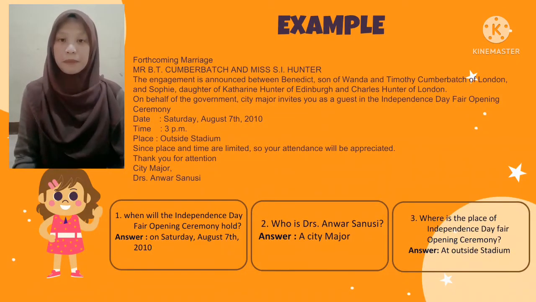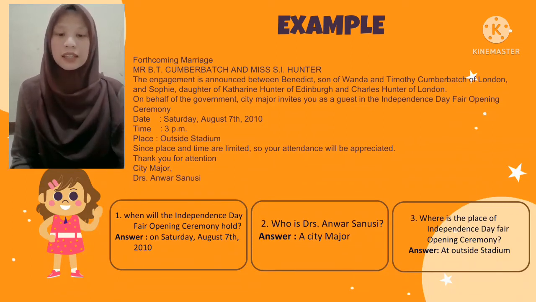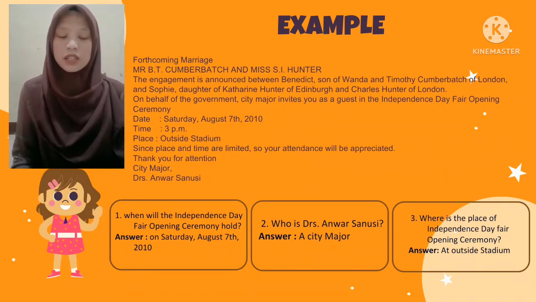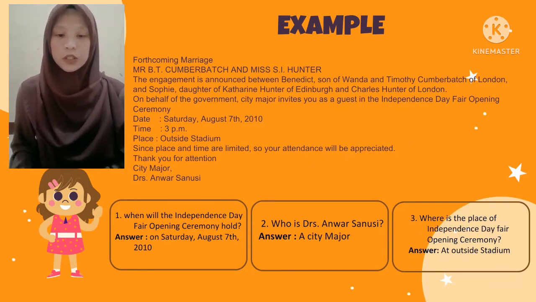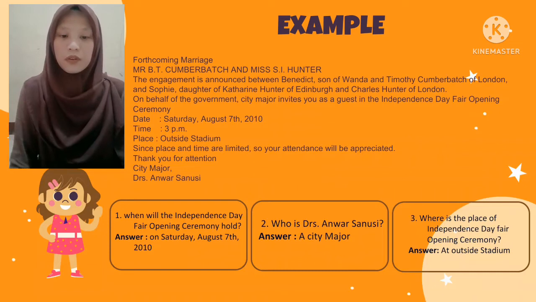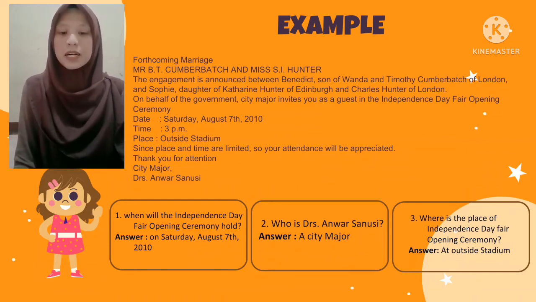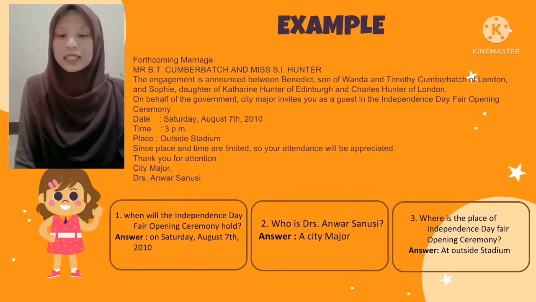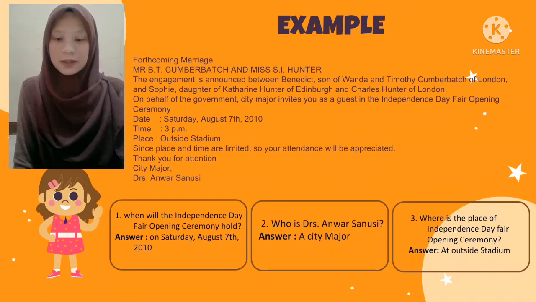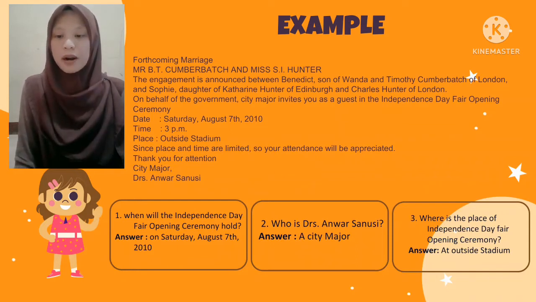And next, for an example of short answer, I have one text, and the text is about an invitation card. We can see the picture and read together. Forthcoming marriage, Mr. Benedict Cumberbatch and Miss Hunter. Their engagement is announced between Benedict, son of Wanda and Timothy Cumberbatch of London, and Sophie, daughter of Catherine Hunter of Edinburgh and Carlos Hunter of London.